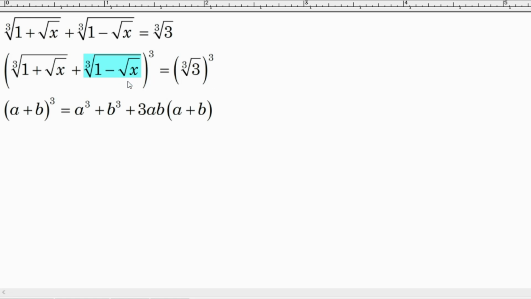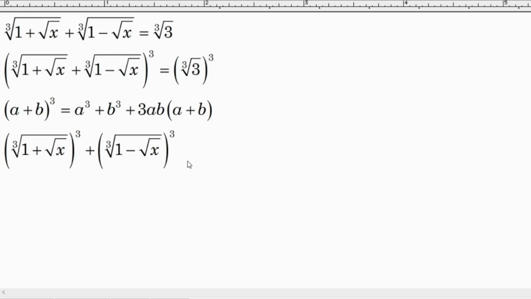So when we expand this, we will get a cube, that means this term raised to cube, and then plus b cube, that means this term raised to cube, and then plus 3ab.